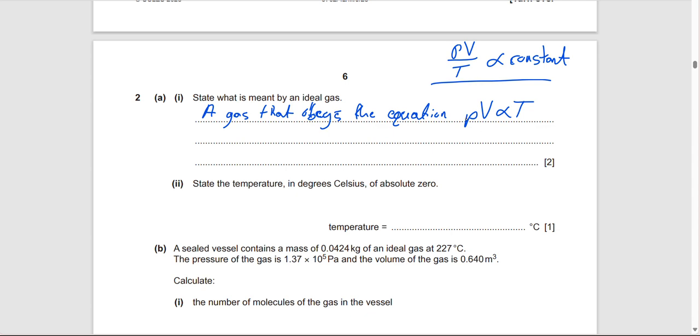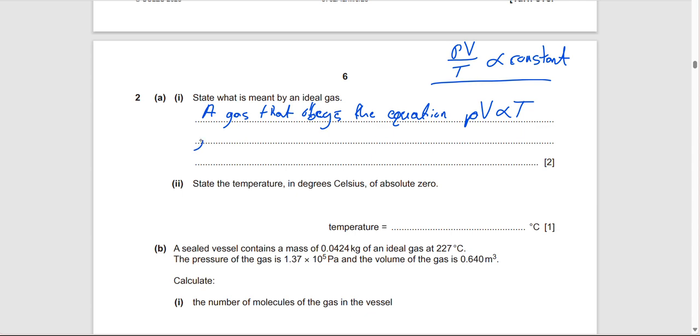But Cambridge in this case wanted PV is directly proportional to T. Alright, and then you need to state, remember the special condition for T, right? T has to be the absolute temperature, not in degrees, but in kelvins.